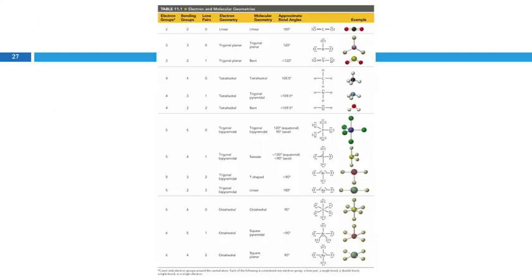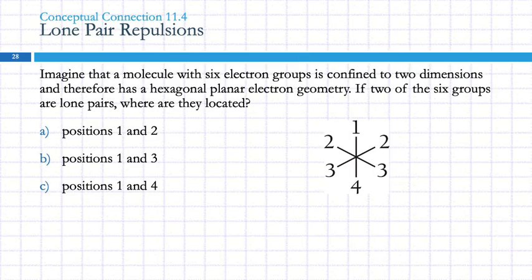This is a table from your textbook which summarizes all of these different things. Imagine a molecule with 6 electron groups that are confined to 2 dimensions and therefore has a hexagonal planar electron geometry. If 2 of the 6 groups are lone pairs, where are they located?